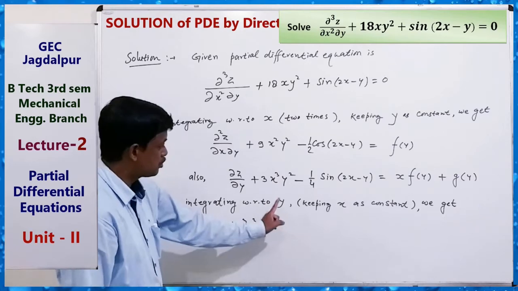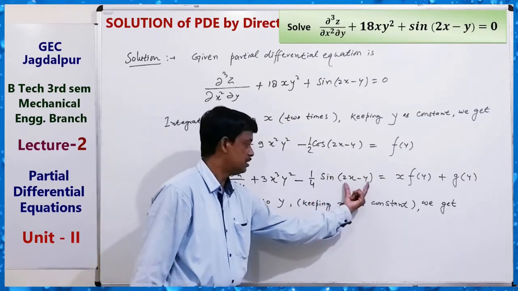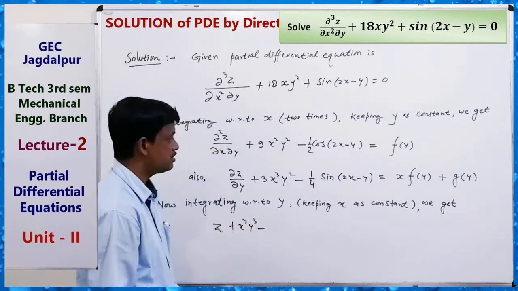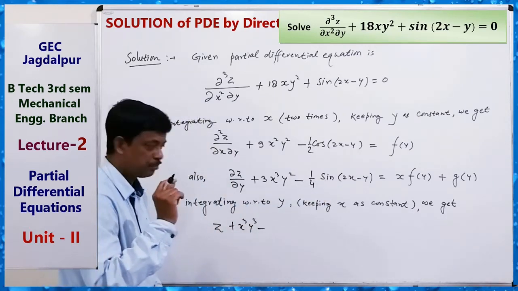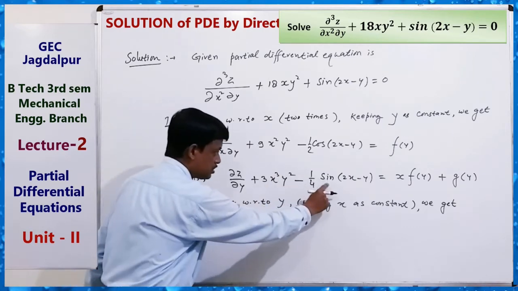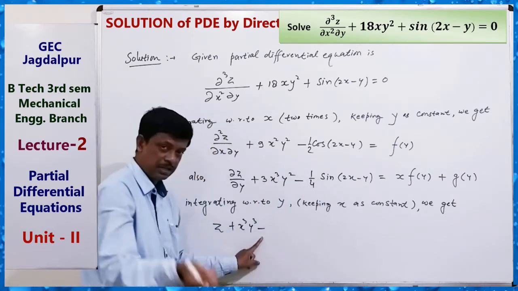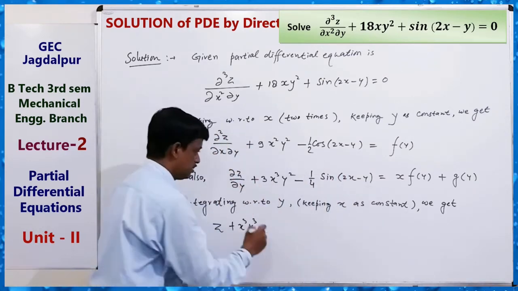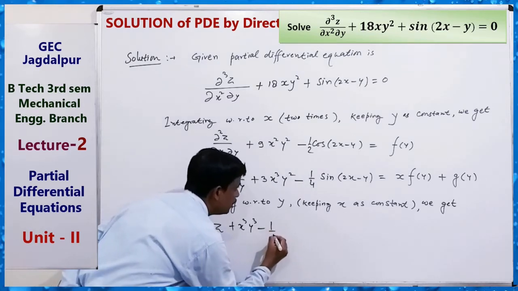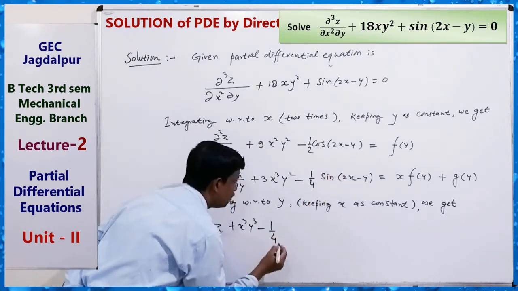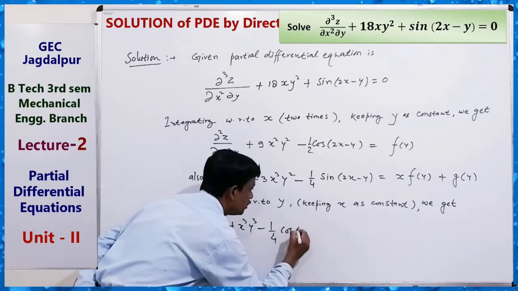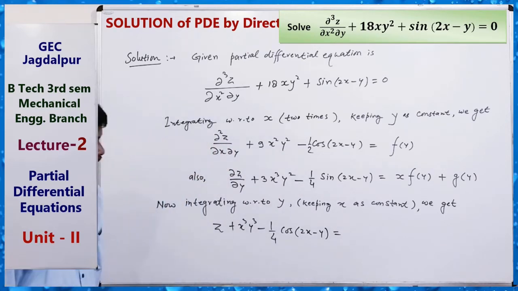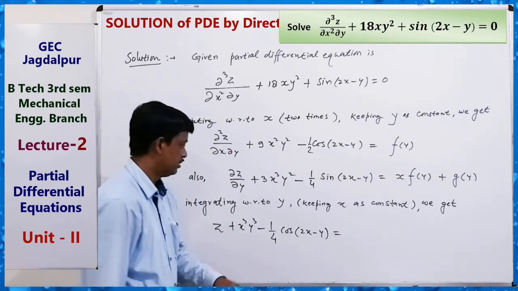Now integrating the sine term with respect to y: integration of sine is minus cos, but also divided by minus 1, the coefficient of y, so minus 1 by 4 cos(2x minus y).